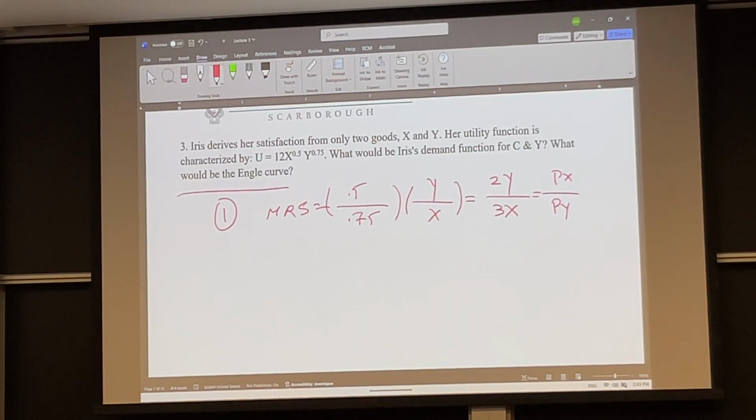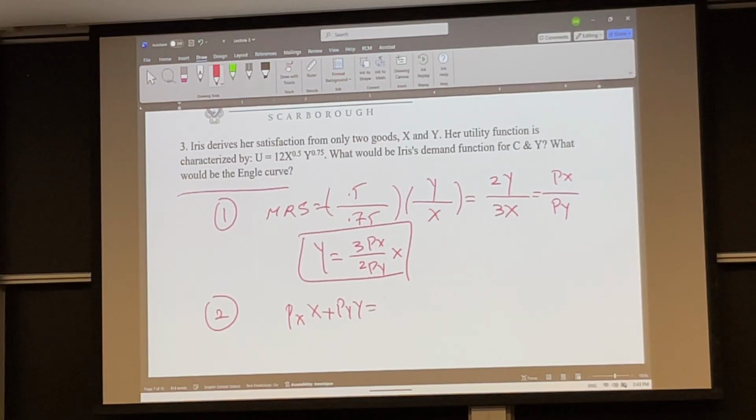Make sense? Okay? Okay. Then I solve for y. That is my equation 1. And equation 2 is my budget constraint. Alright? So now I have to take this one, insert it there, and solve it. Alright? So let's see what we get.